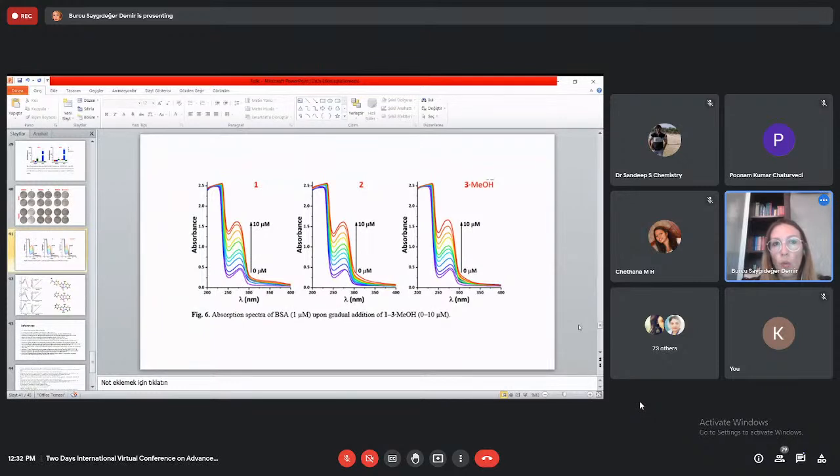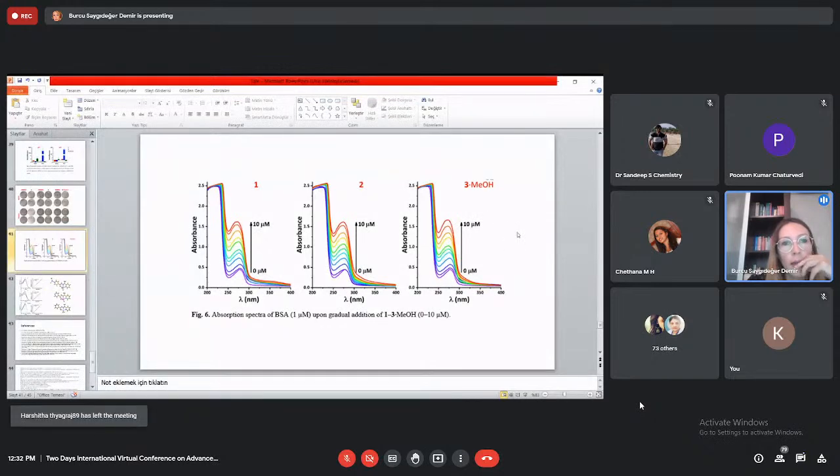This showed that these complexes are transported in the cells by binding to serum albumin. Gradual addition of complexes to bovine serum albumin leads to an increase of the intensity of the absorption band at 218 nanometers, supported by a blue shift of about 7 nanometers, 1.4 nanometers for 2 and 5 nanometers for complex 3.